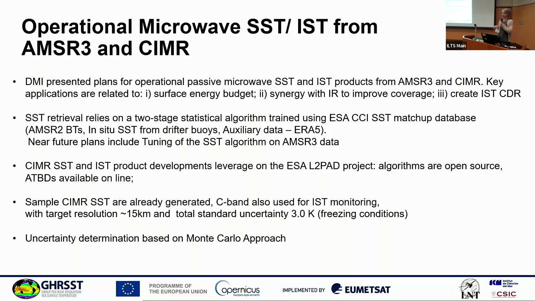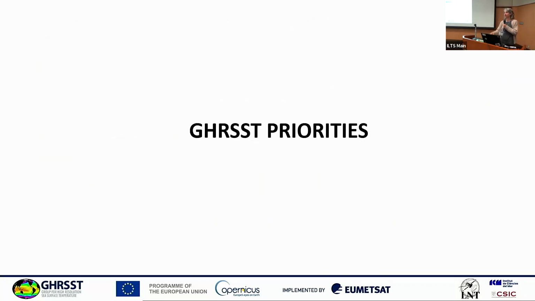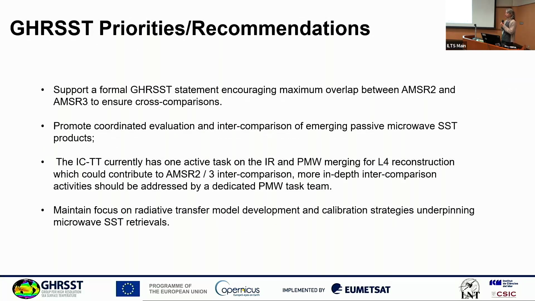And then there's an uncertainty determination based on the Monte Carlo approach. And from these presentations, we had some time for questions and then discussion on the GRIST priorities and recommendations. And here I just sum up the 4 bullet points, or Daniela summed up the 4 bullet points, actually.